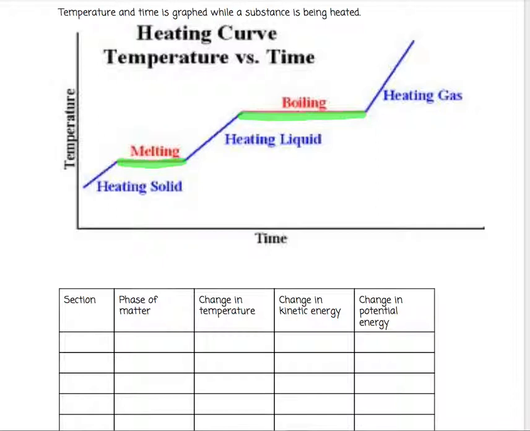Well, the energy that's being increased right there is the potential energy or the stored energy. I'm doing two things at once, so bear with me here. I'm trying to get my pen and talk to you at the same time. So right here on the plateau, right there and right there, we have an increase in potential energy.